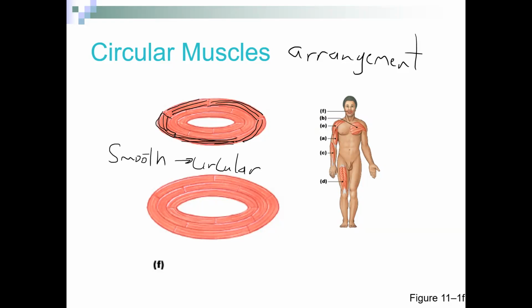Now, because of this, it means this circular muscle here, this part here, can contract differently from this part down here, okay? So these two can contract independently to change the shape of the opening that they are around.